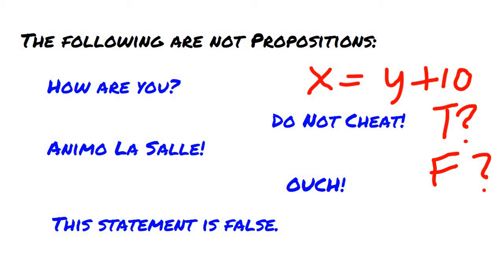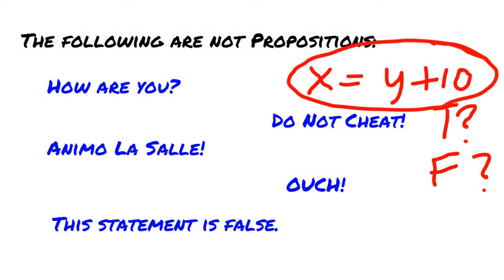Again, the question is, the truth value here is vague because we don't know what is x. We have no idea what is y. So, again, this is not a proposition.